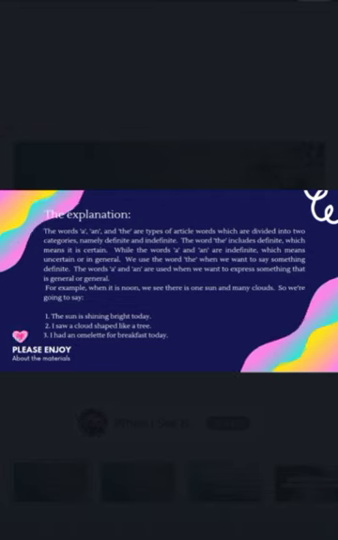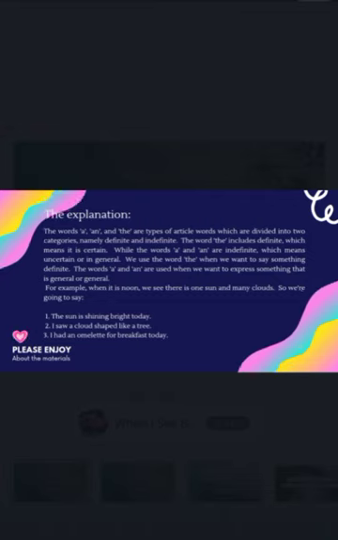The word the is definite, which means it is certain, while the words a and an are indefinite, which means uncertain or in general. We use the word the when we want to say something definite. The words a and an are used when we want to express something that is general.